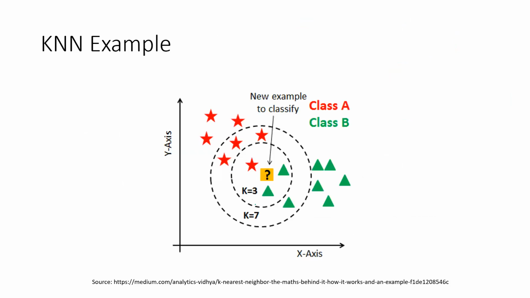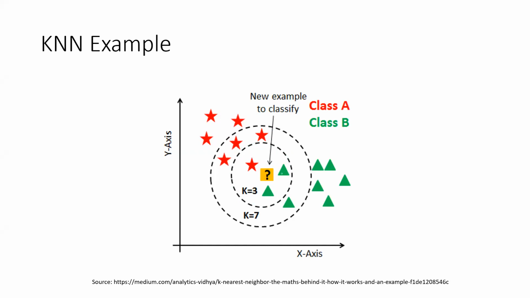So this is another example for k-nearest neighbor. Suppose you take k as 3, and suppose this is class A and this is class B. If k is 3, you get a narrower domain for the nearest neighbors, and the value will be class B. So this is the new example to classify.